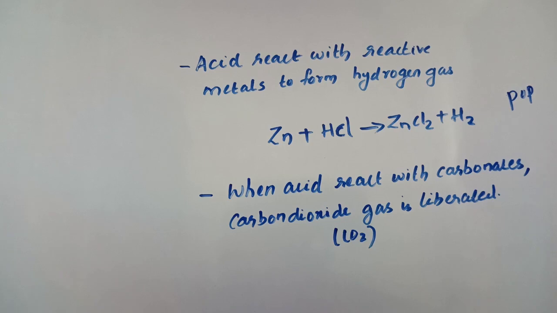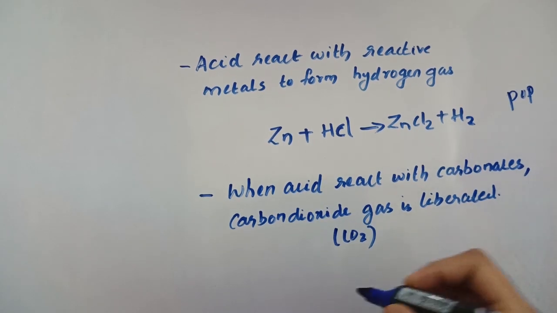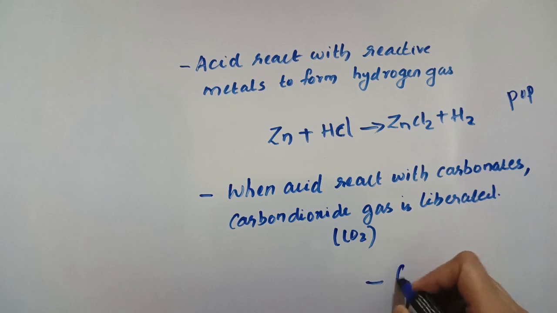Pass the evolving gas through clear lime water taken in a test tube. Then it is asked which gas comes out through the delivery tube. That is, we get carbon dioxide gas during this experiment.